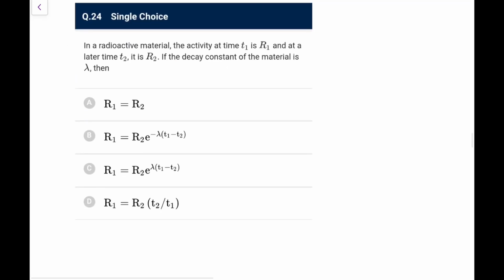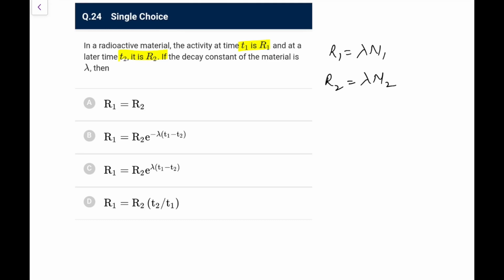In a radioactive material, its activity at T1 is R1 and at T2 is R2. The decay constant of the material is: we did this question in the revision series today. So R1 would be equal to lambda times N1, and R2 would be equal to lambda times N2.